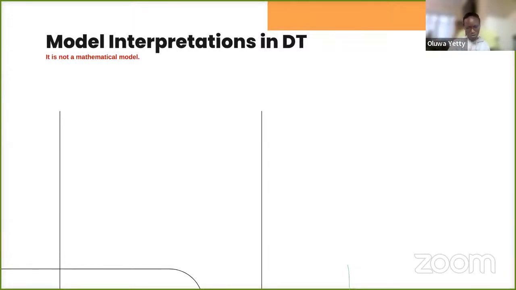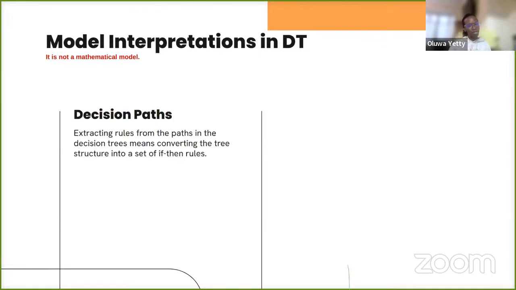We know that a lot of maths is about proving theorems and formulas, so you can easily prove it with maths. But because a decision tree is not a mathematical model, interpretability moves away from mathematical modeling to looking at other factors, like the decision path. I'm going to show us later how a decision path looks from a decision tree.